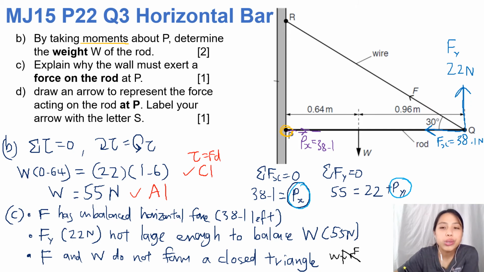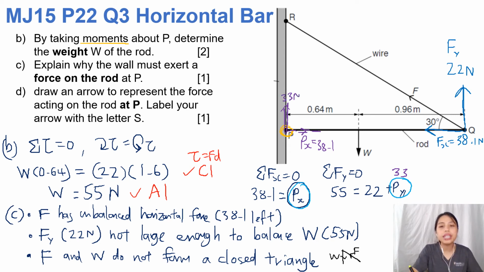It also has to give some vertical force. What is missing? 22 plus something equals 55, right? So 55 minus 22 should be 33 Newton. So there should be a vertical 33 Newton up.